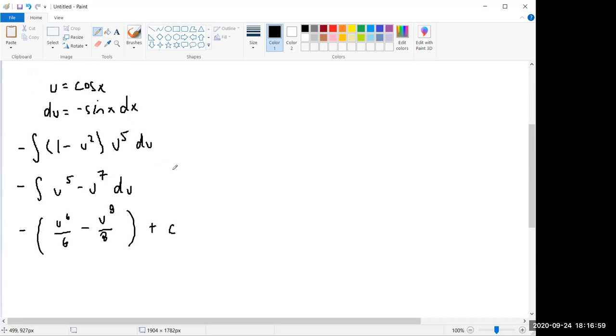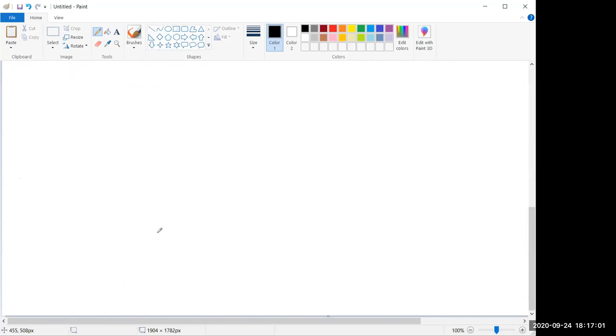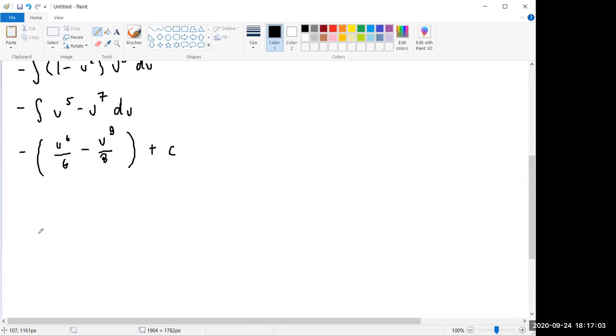And then we just need to substitute what u was. So that was cosine. So this is negative cosine to the 6 minus cosine to the 8. Okay.